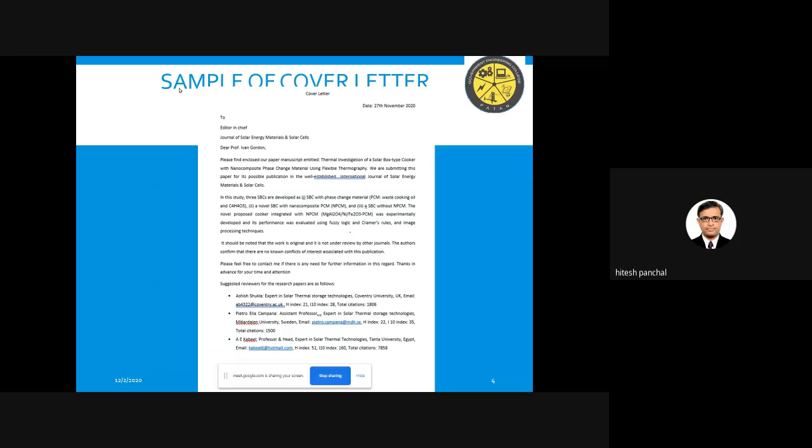Now, you can see the cover letter. Here I have put a sample cover letter. Recently, on 27th of November, I submitted one research article to the journal Solar Energy Materials and Solar Cells. Whenever you write a cover letter, it always contains a date and is always addressed to the editor-in-chief.